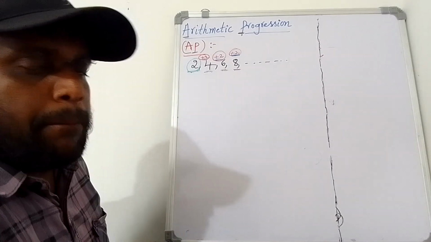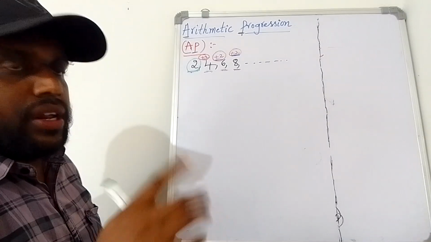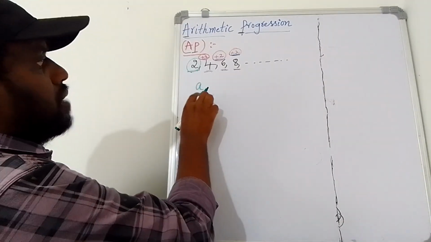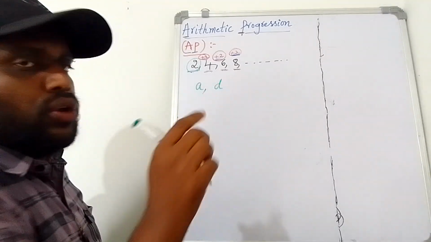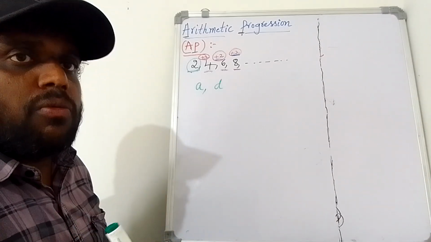Now we will see the general form of AP. In general, for example, we know the first term A, and we know the common difference D. When we know this A and D, what is the general form of AP?